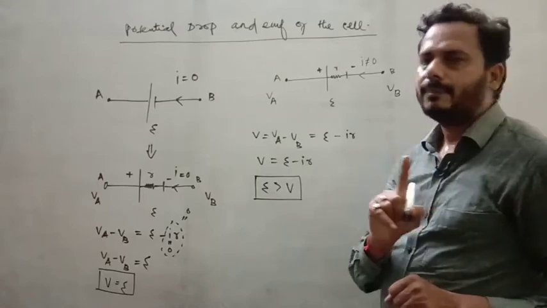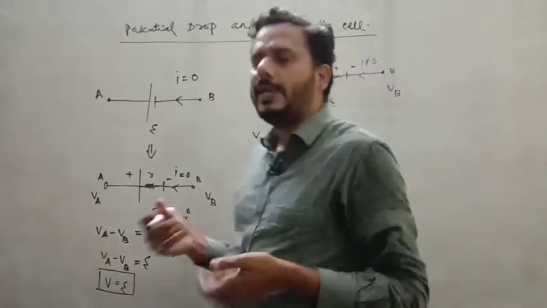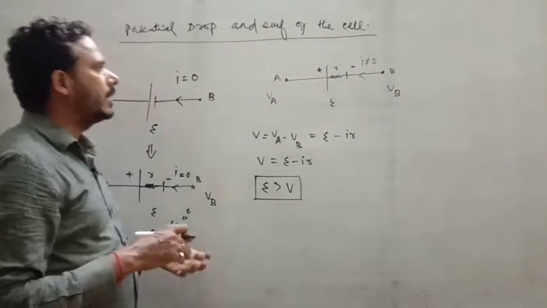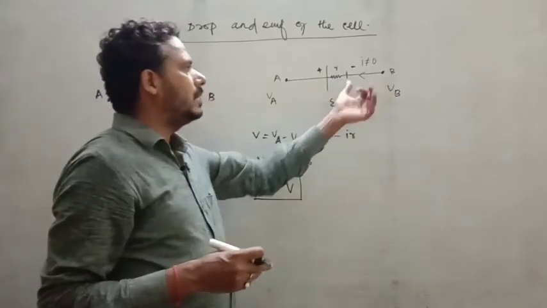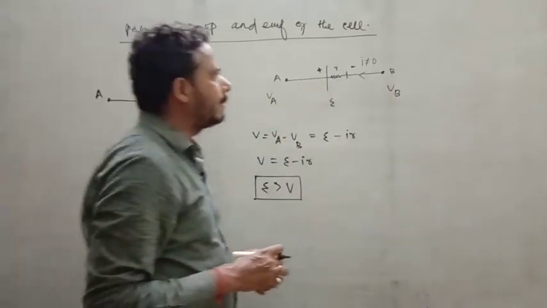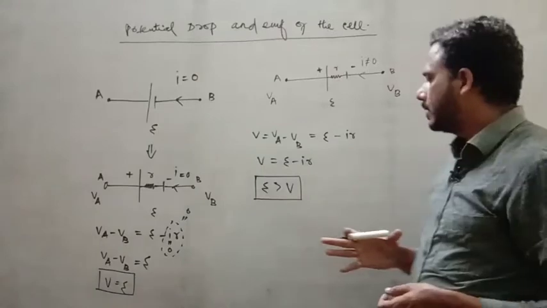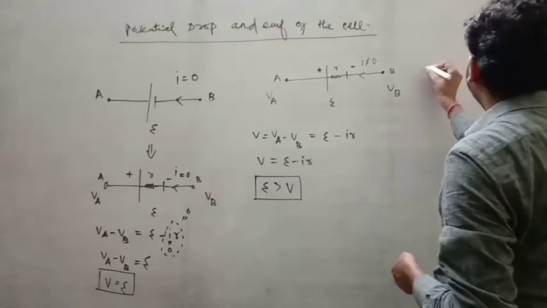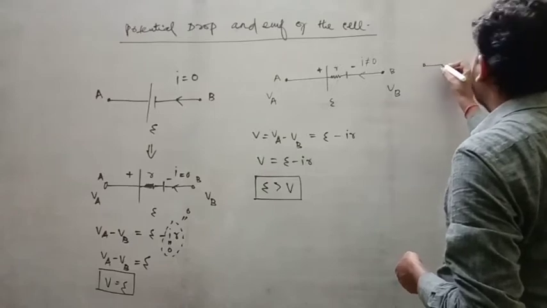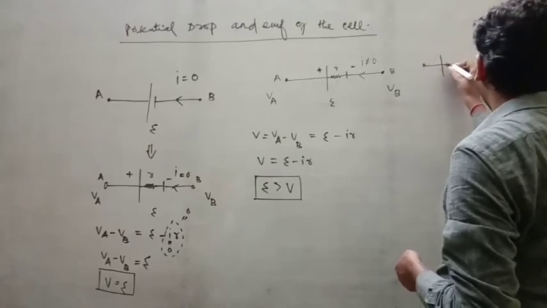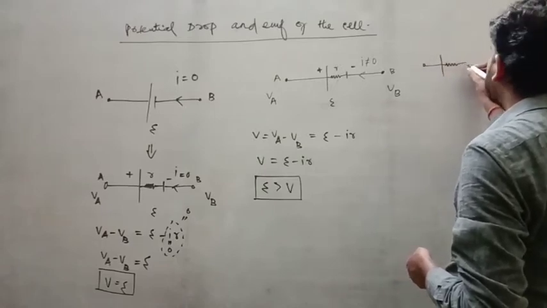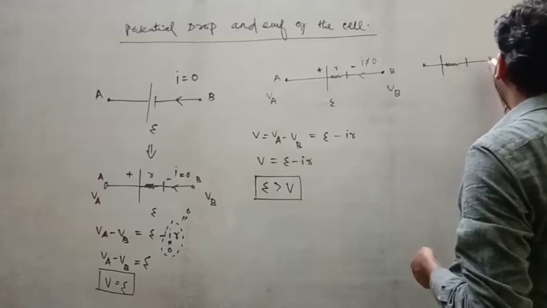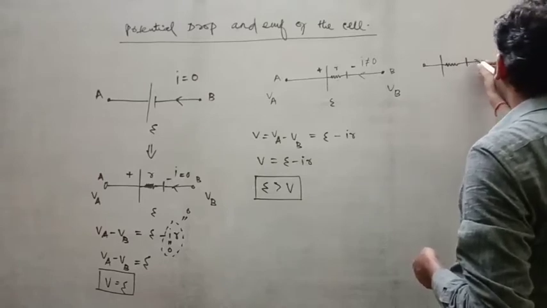Now we can understand this by taking the direction of current in the opposite direction. Here we will get one more result. This is the internal resistance of this EMF, but we change the direction of current.